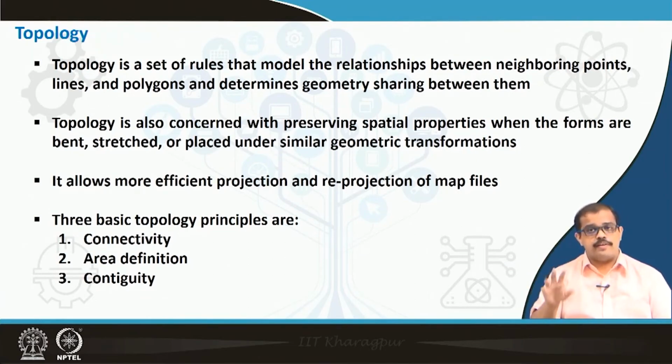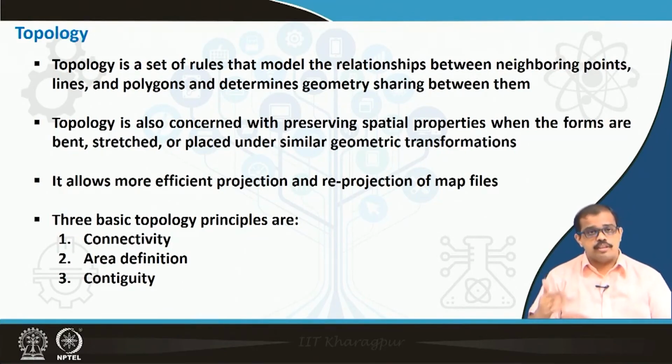It is the relationship between neighboring lines and points, lines and a polygon, and determines geometry sharing between them. Topology is also concerned with preserving spatial properties when the forms are bent, stretched or placed under similar geometrical transformations, which is not happening in the spaghetti model.